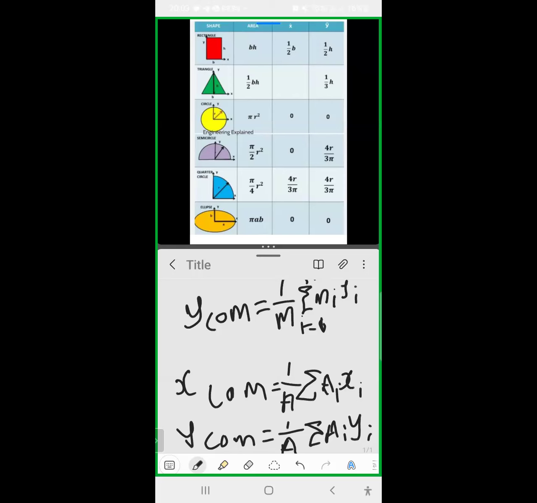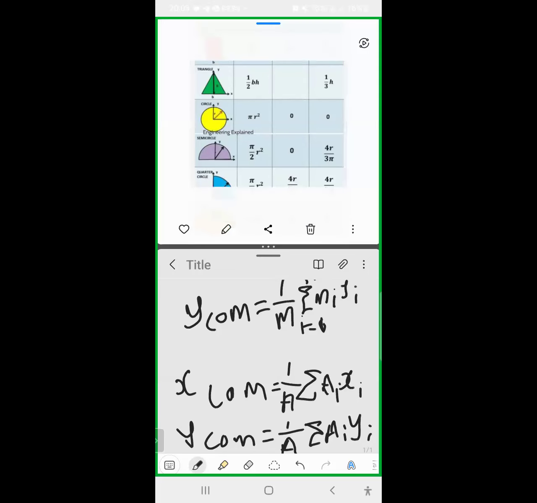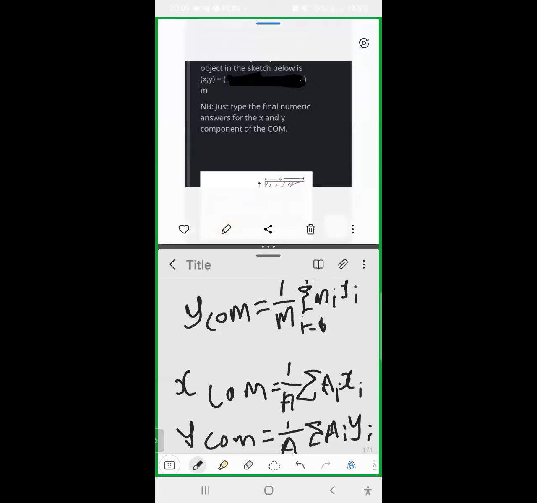And as a tip, it is important for you as a student to visualize your problem by drawing a diagram, as this can help simplify the calculations. Now we're going to look into this problem.